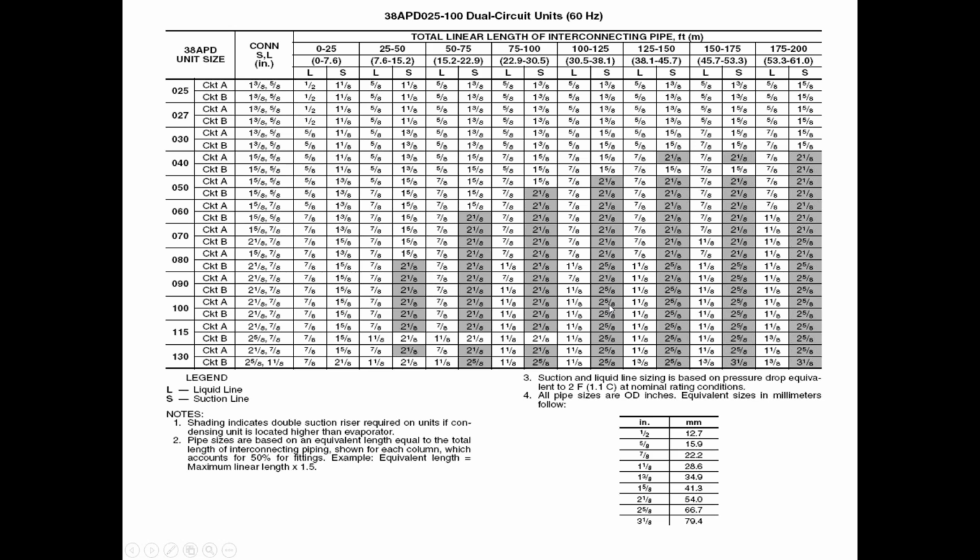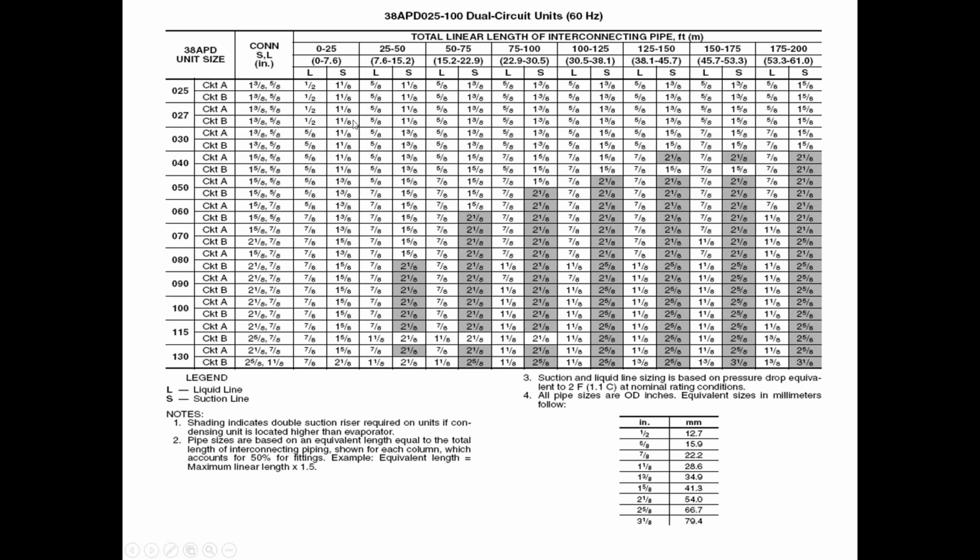So 3 feet or more, these shaded boxes mean we need to construct a double suction riser. 3 feet or less, we can use a speed riser. In this case, we came up with 2 5/8 for the suction line. If we did a speed riser, we'd drop down one nominal pipe size. Pretty straightforward there. We go down to 2 1/8 for a speed riser in that 3-foot section.